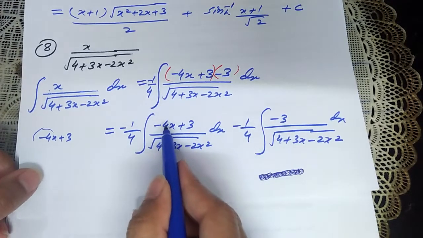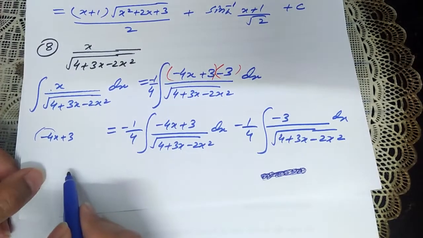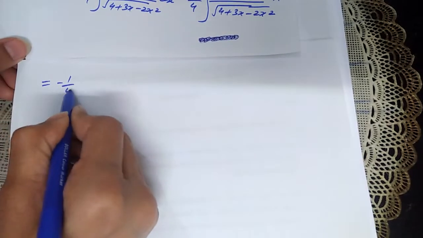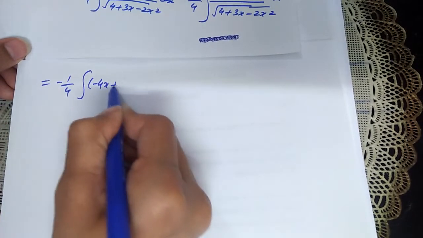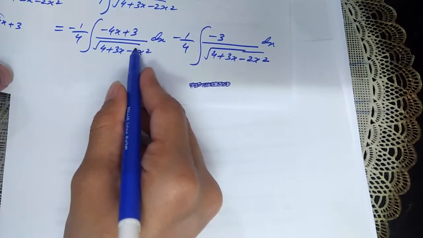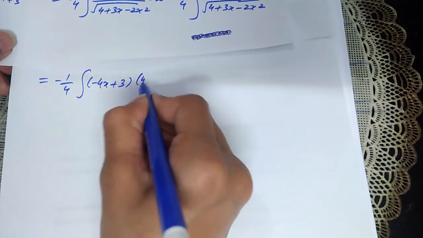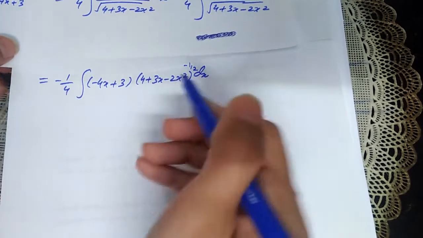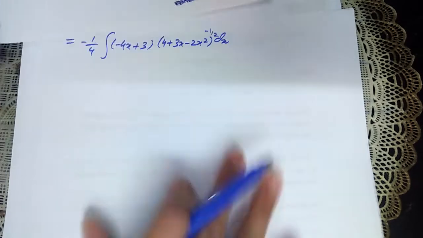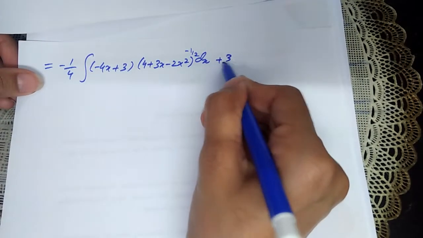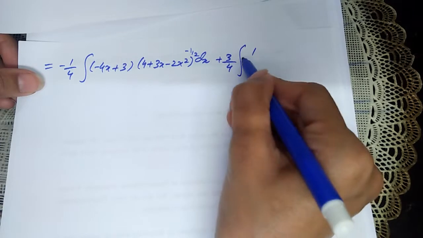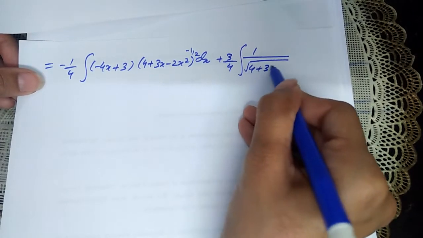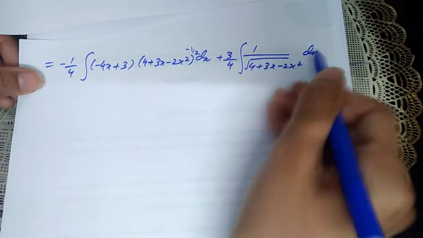Now since it is the derivative of this function, we can write it like minus 4x plus 3. This can be moved up and the power will become negative. It will be 4 plus 3x minus 2x square to the power negative 1 by 2 dx. Now here this negative and this negative will become plus. So you will get plus 3 over 4 integration of 1 over under root 4 plus 3x minus 2x square dx here.